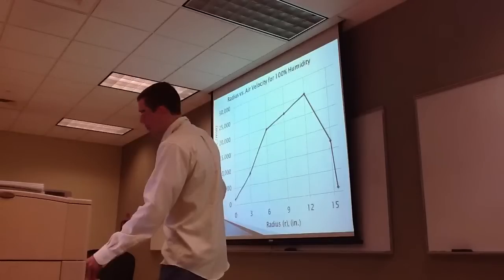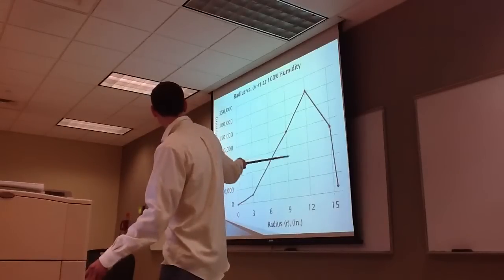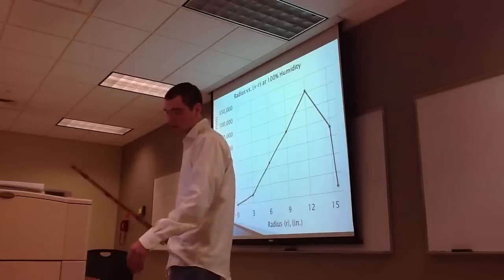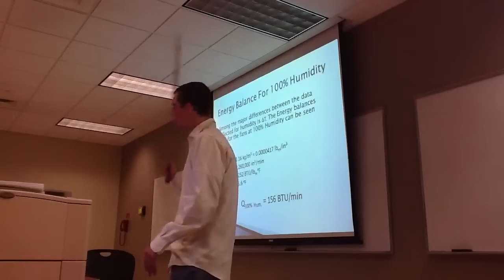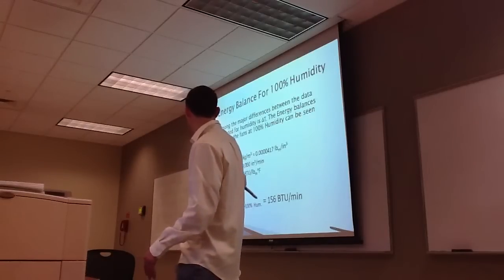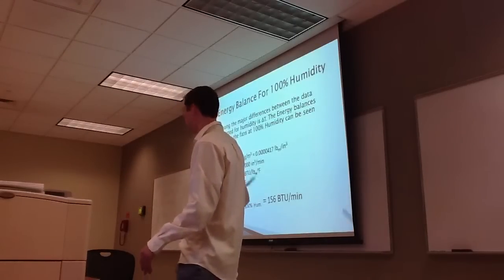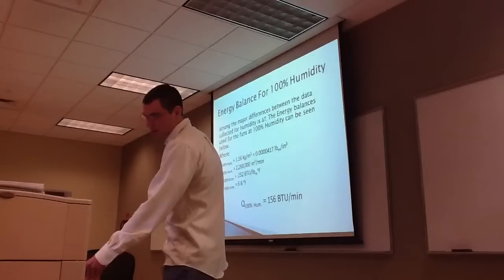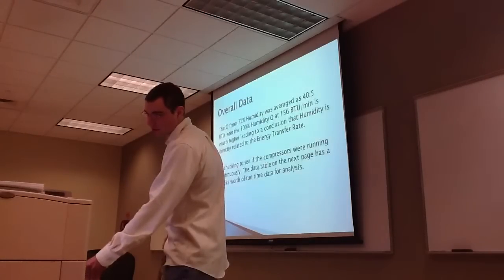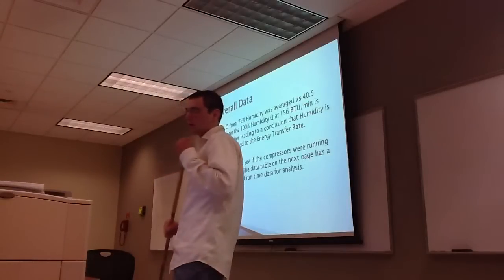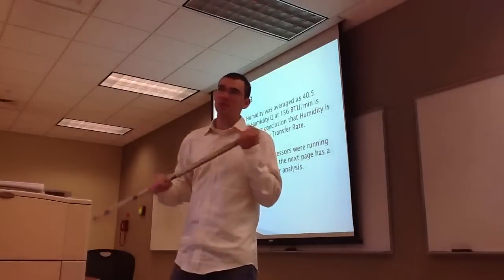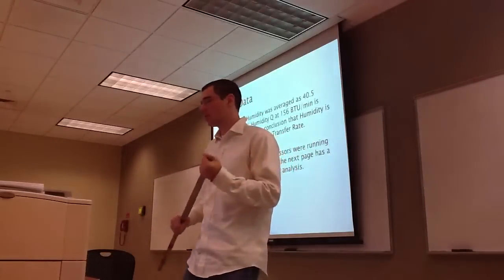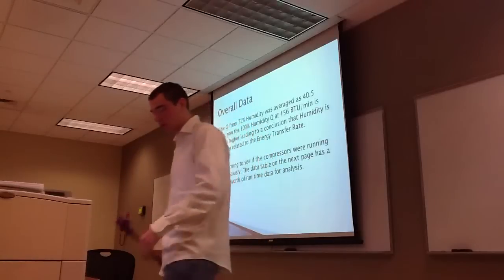And for the V times R, a similar shape as before, but when calculating it out, the Q for 100% humidity, the energy transfer rate was 156, which was a lot higher than before. Because of that, there might have been some kind of correlation between the humidities and the heat transfer rates.